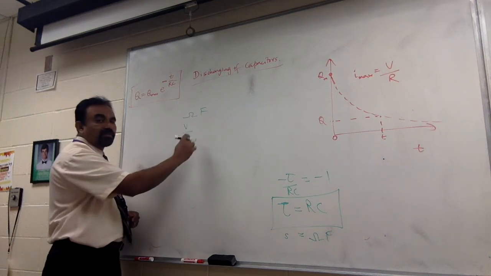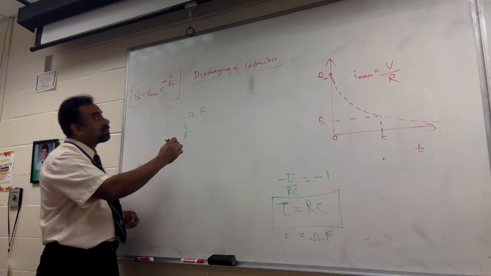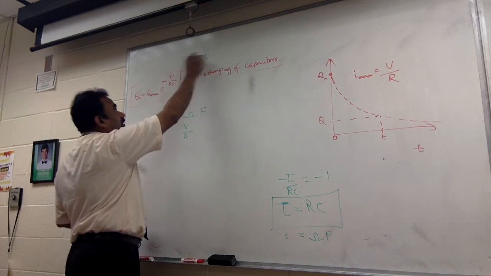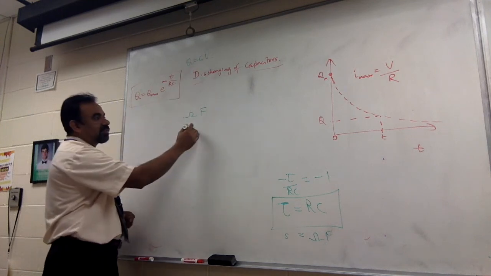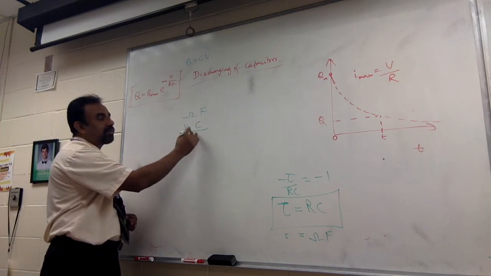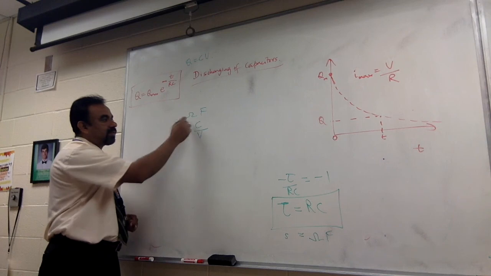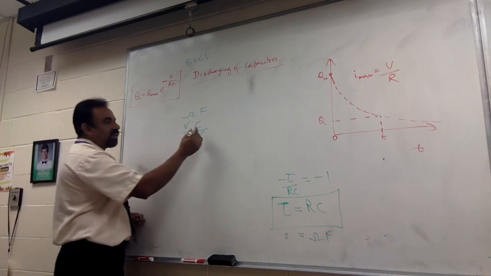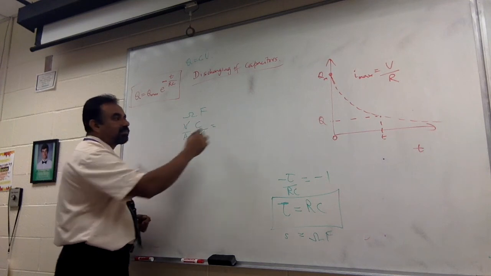And farad is what? C is Q over V. So farad is coulombs over volts. Now these are gone. What is coulomb?